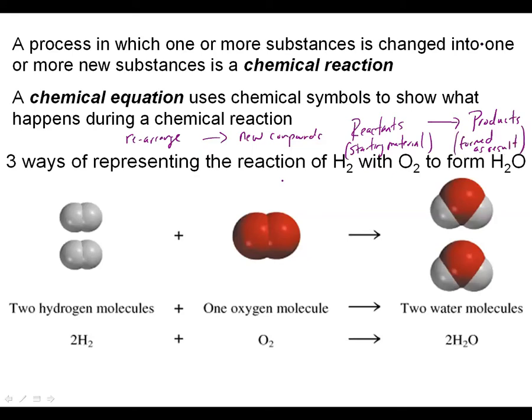So left-hand side reactants, right-hand side products. And other things that we typically will see sometimes above the arrow, we'll sometimes see a little triangle that's used, and that usually means heat. You may see water written above the arrow, which usually means that you dissolve something in water.